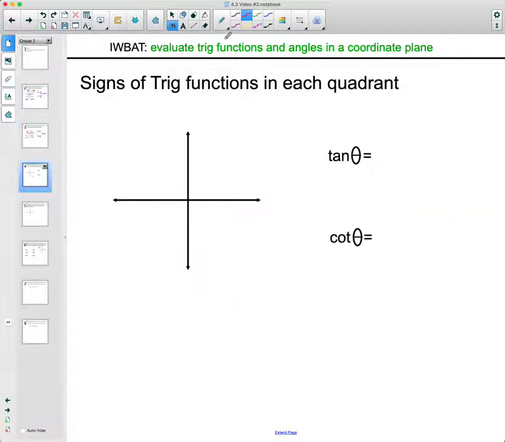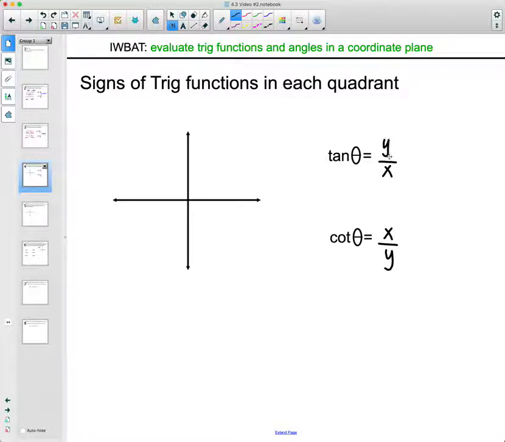Then tangent. Tangent is y over x, or opposite, which is always your height, over adjacent, which is always your horizontal, so cotangent is x over y. Now if the x and the y coordinates are both positive, tangent is positive.